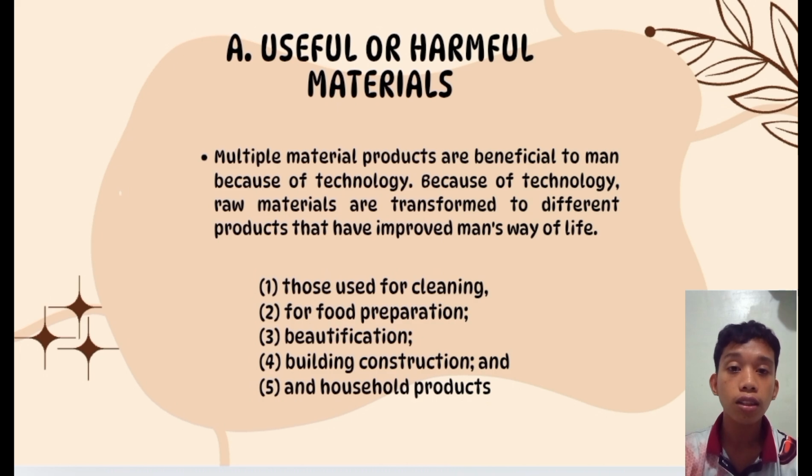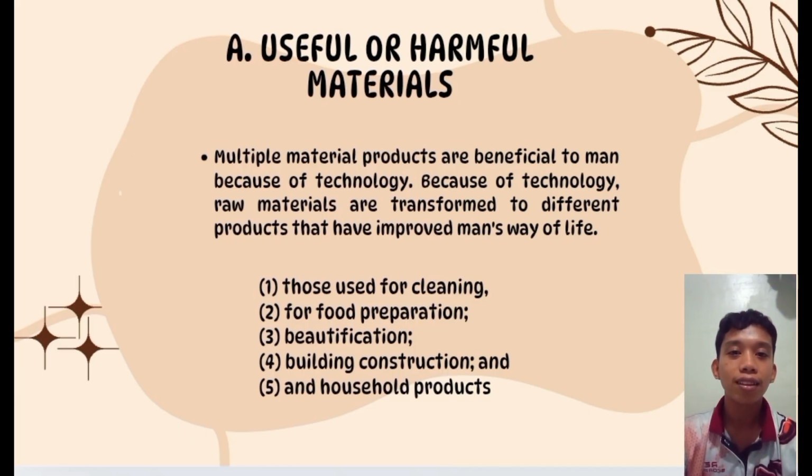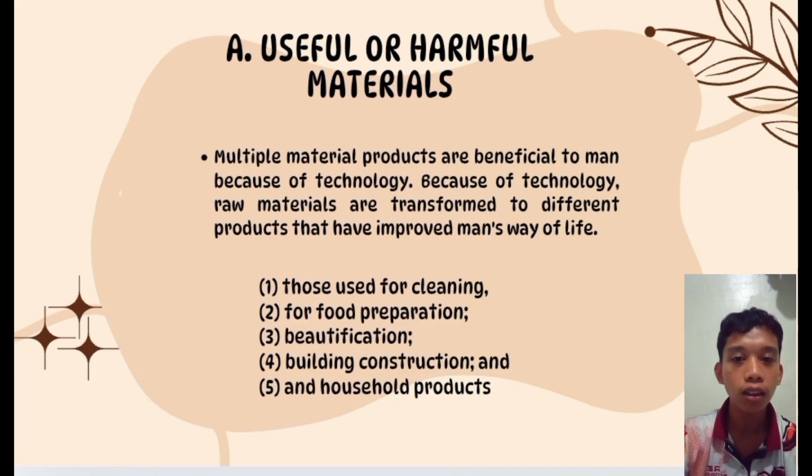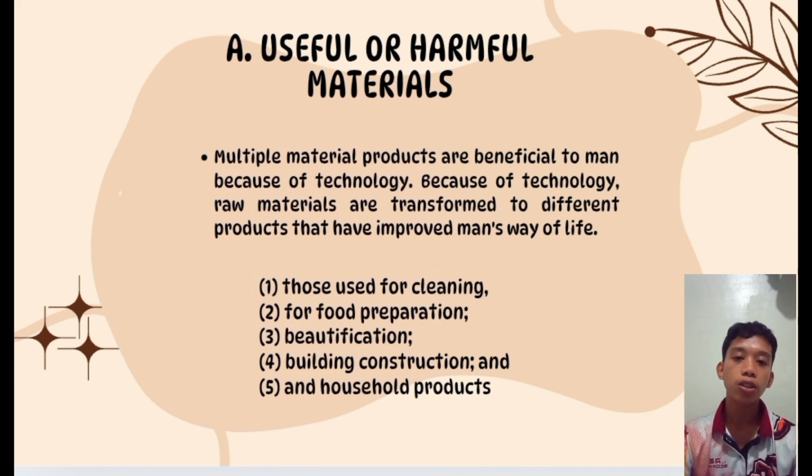The second one is food preparation items or panghahanda sa pagkain, kaldero at kawali, chopping board, knife, measuring cup, blender or food processor. The third one is beautification products or pampaganda, like shampoo, conditioner, lotion, lipstick, powder or foundation.